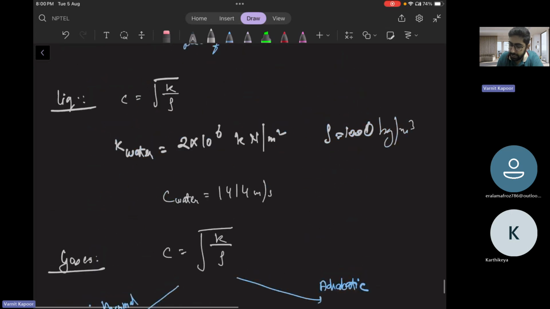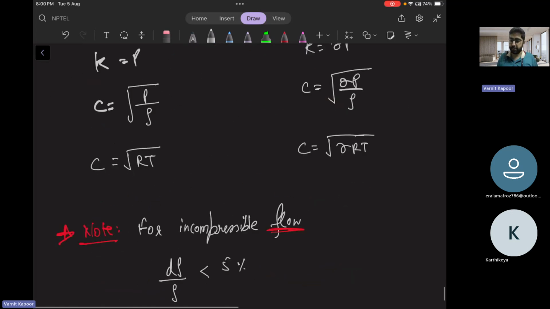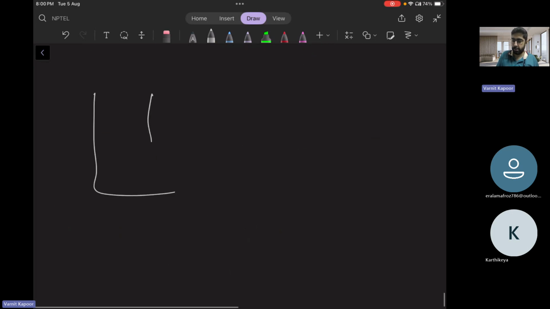And what is V by C? V by C is the Mach number, and it is nothing but under root of 2 times d rho by rho. Okay, so this comes from a Bernoulli relation. When you do a Bernoulli relation, you have a water tank, and at this point and this point you apply a Bernoulli equation, your V by C will come.